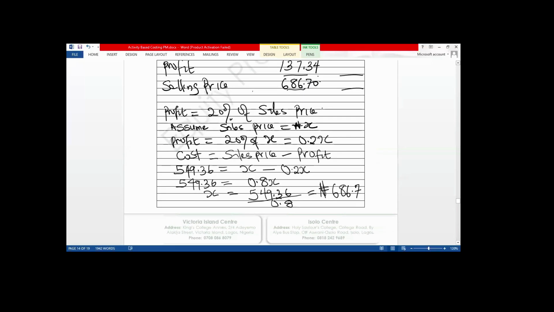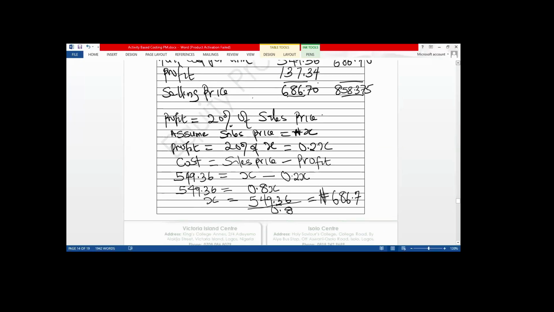Selling price is 858.375. What is the profit?